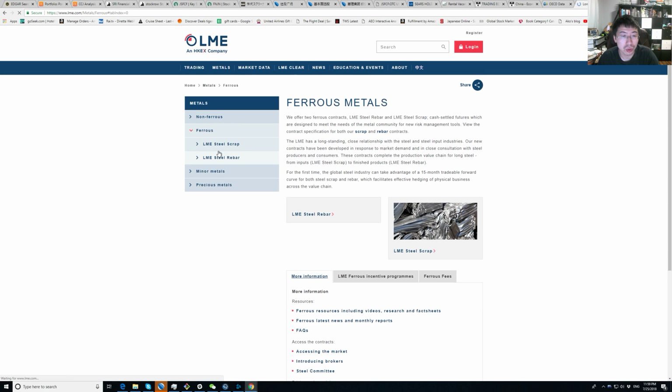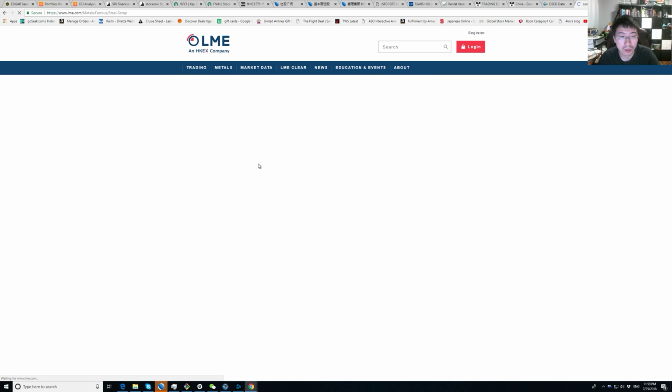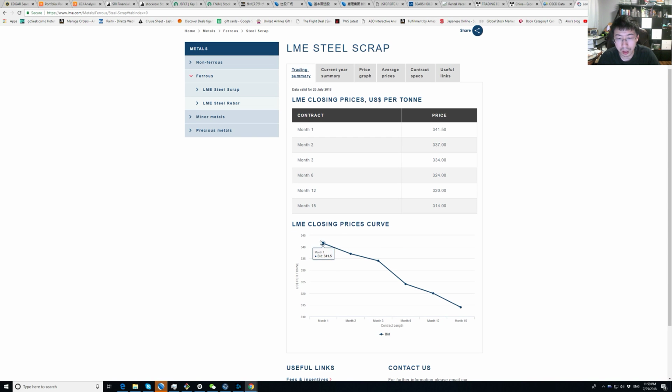And if you go to steel, you can see the curve actually goes down. What that means is there is a slight shortage of supply at the current time compared to the future. So the future supply is more abundant.